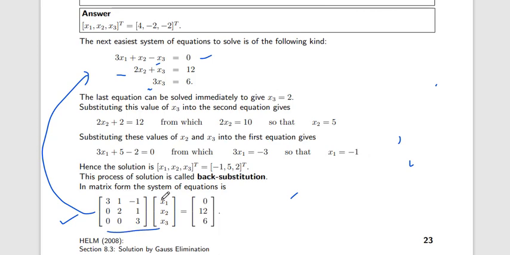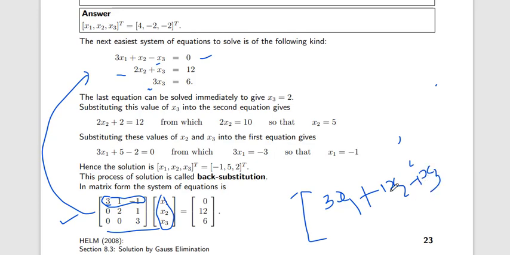How do we multiply two matrices? First of all, first row and first column. So we will get the answer as 3x1 plus 1x2 minus 1x3.